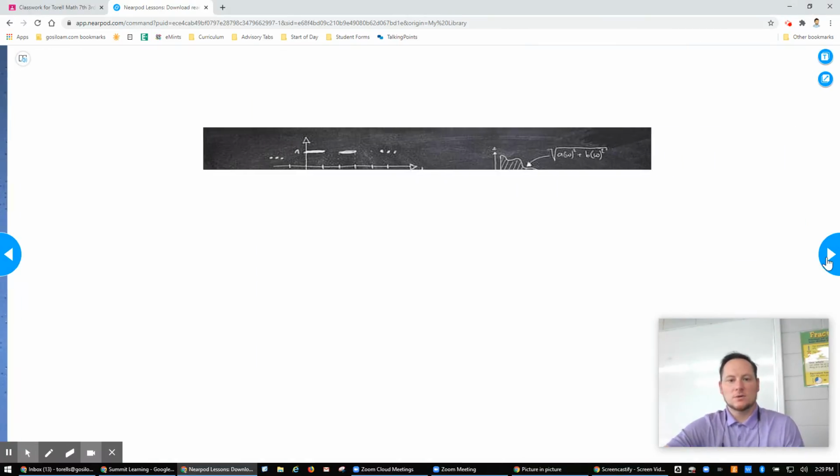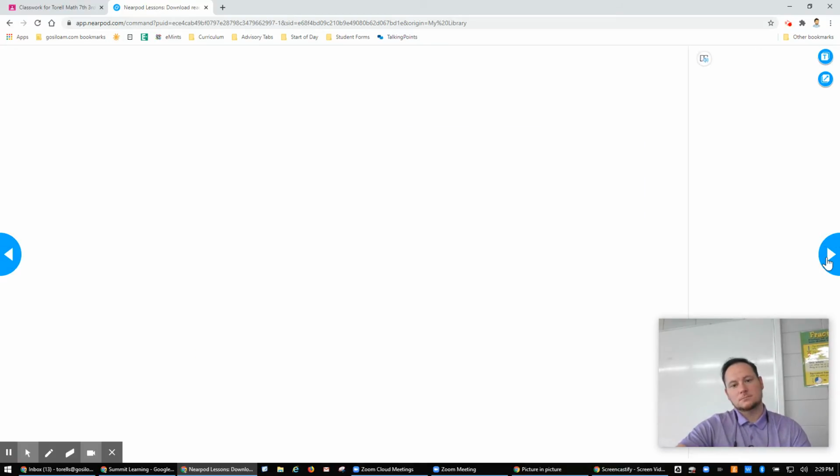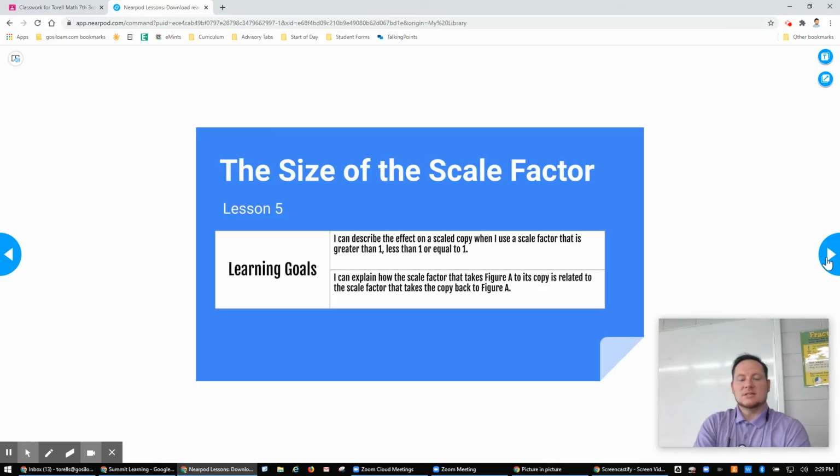So today we're going to keep on looking at scale factors, and we're going to look at what the effects are of different numbers on scale factors. By the time we get done with this, our goal is that I, the student, can describe the effect on a scaled copy when I use a scale factor that is greater than 1, less than 1, and equal to 1.